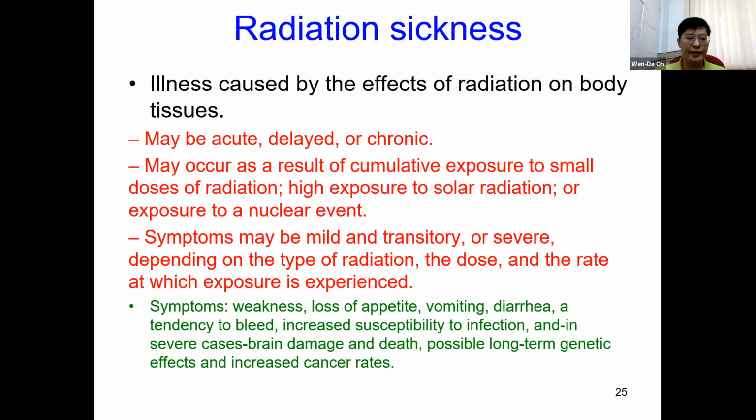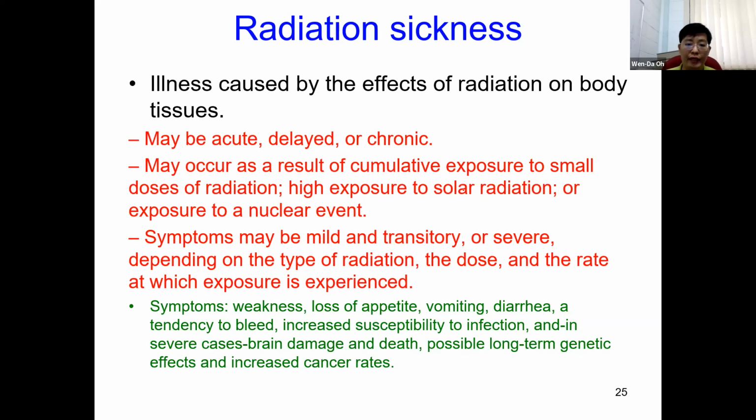So we can see that there are quite a number of radiation sicknesses that have been well documented. If you are exposed to radiation, you have to seek help. At least you need to know what is the dose that you have been exposed to. In terms of radiation exposure, usually we have a certain indicator.